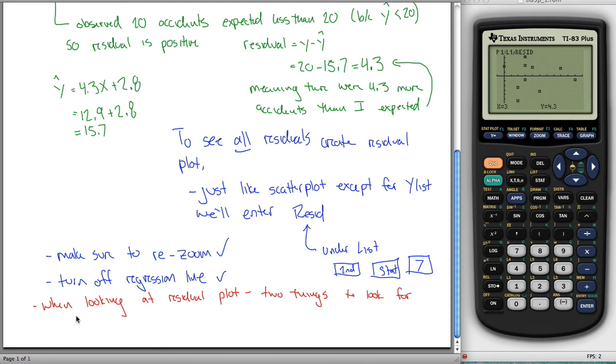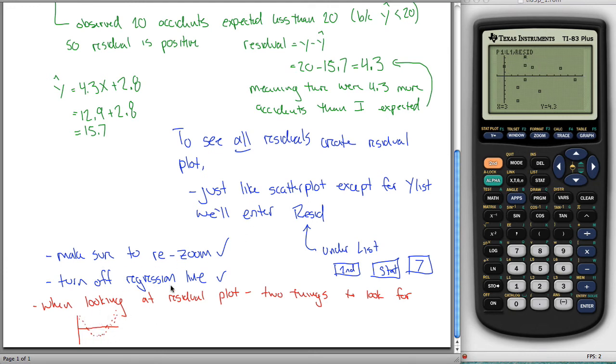The first one is if your residual plot looks like, let's say, this-ish. It won't ever look exactly like that. But the idea is your residuals are not placed randomly like these are.